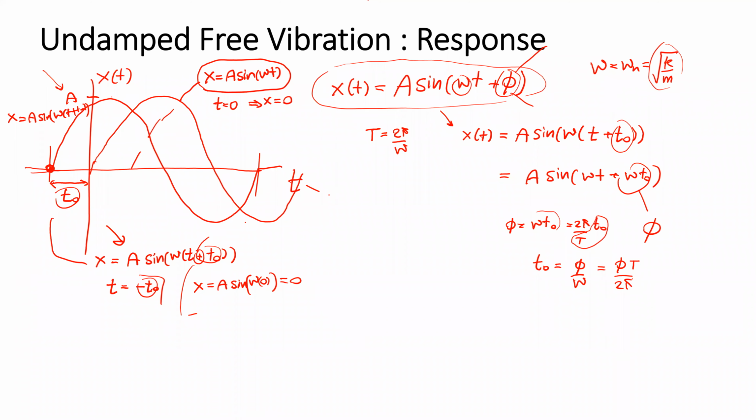Okay, so here is just the review for the simple harmonic, but I think this is the last slide for today. We already introduced that the response for the undamped free vibration is going to be in the form A sine(omega t plus phi).